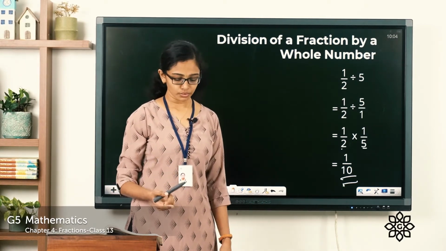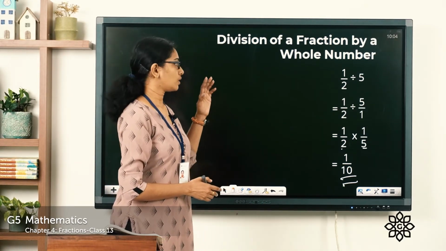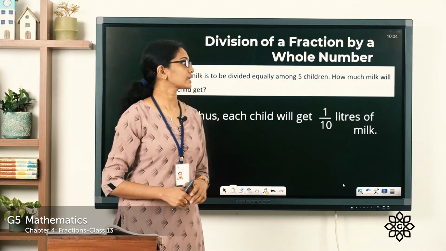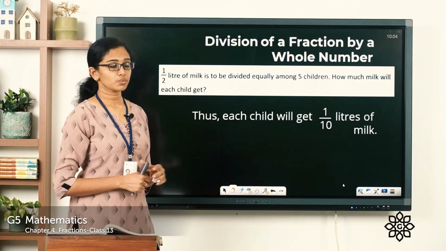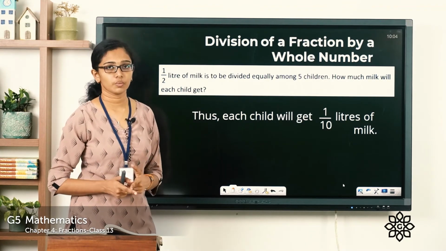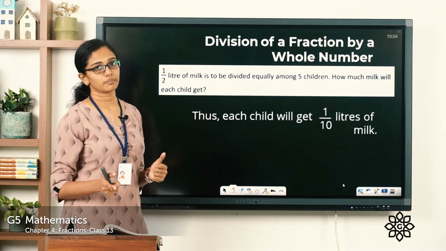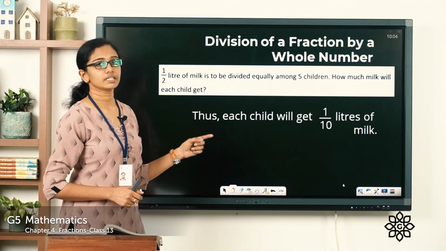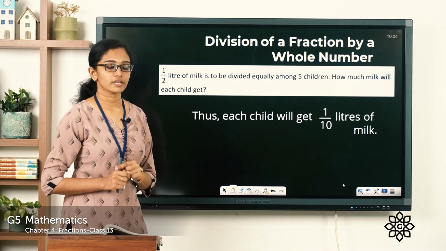That's how you divide a fraction by a whole number. Our question was to find out how much each child will get. We have got the quotient as 1 by 10, which means each child will get 1 by 10 liters of the total quantity of milk.